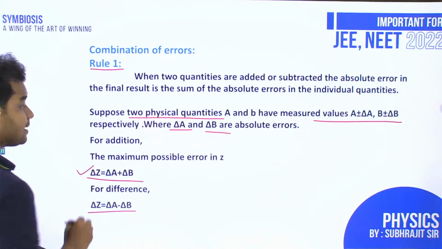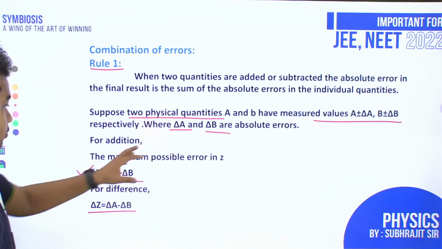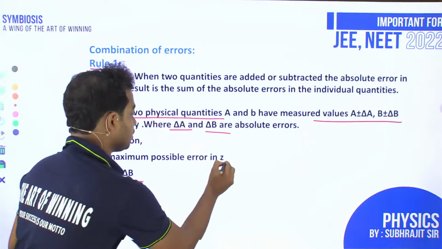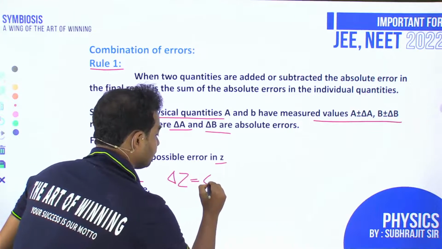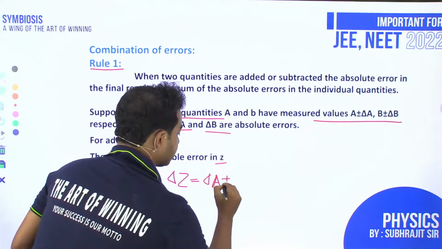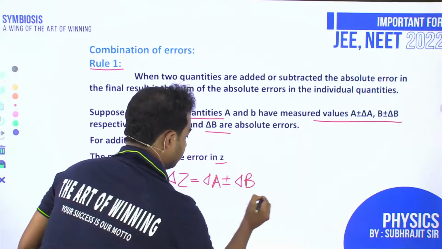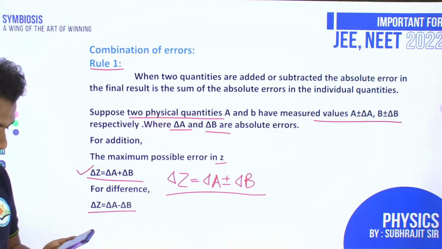The maximum possible error in Z is del Z equals del A plus minus del B. We already have got that.